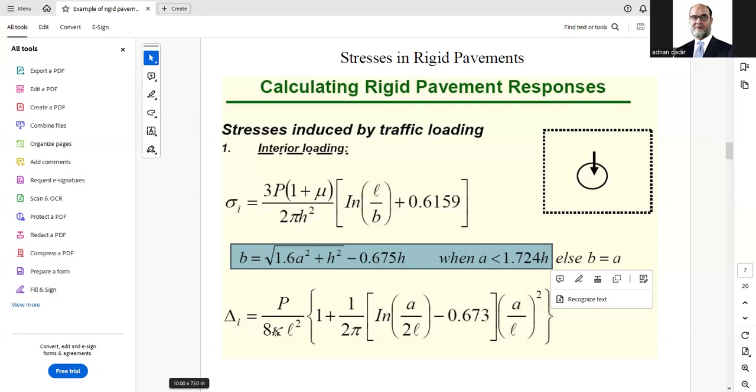This K, don't get confused, it is the modulus of subgrade reaction. The other values are explained as well.